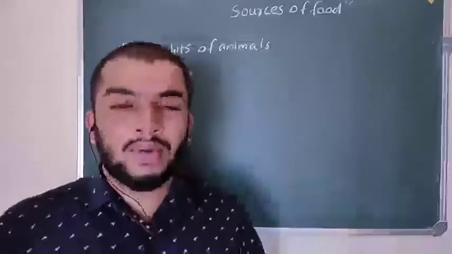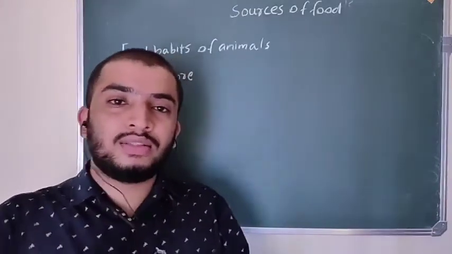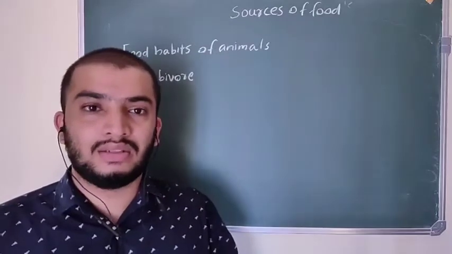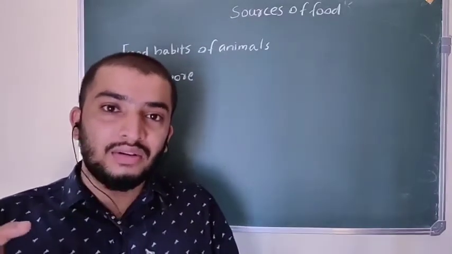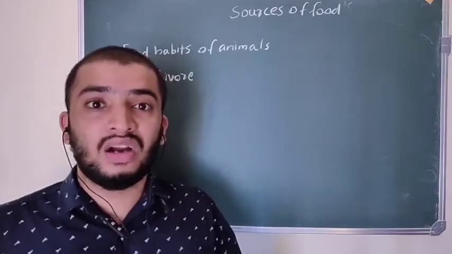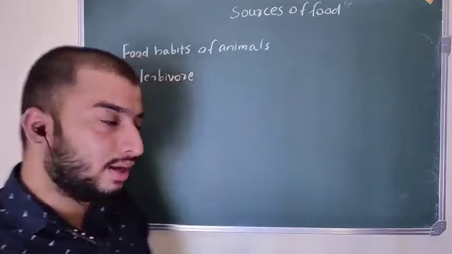Some animals eat the meat or flesh of other animals, like lion, tiger, leopard. They eat the flesh of other animals. They are called carnivores. Example: lion, tiger.